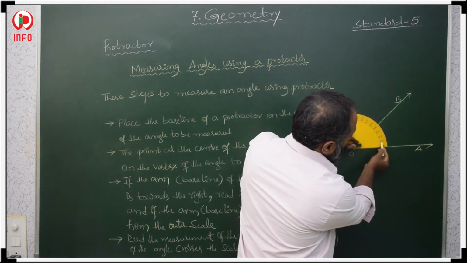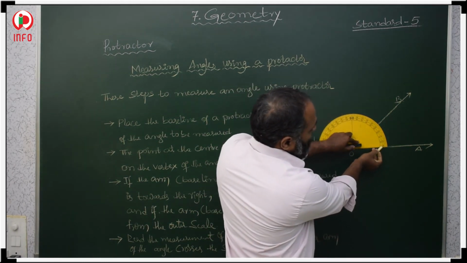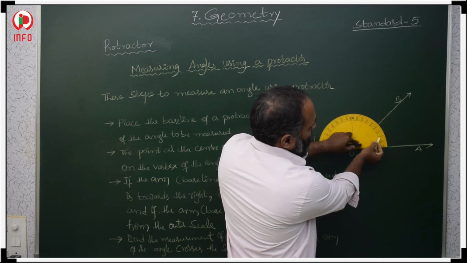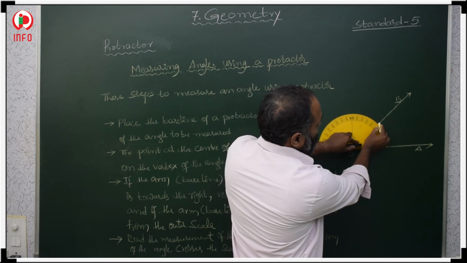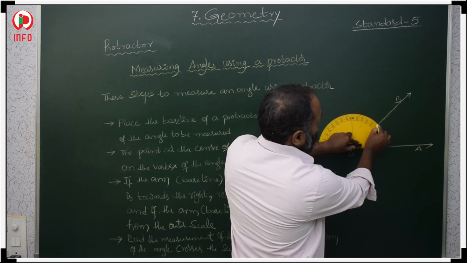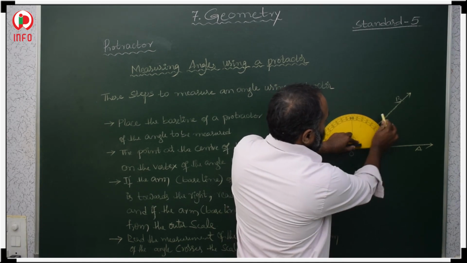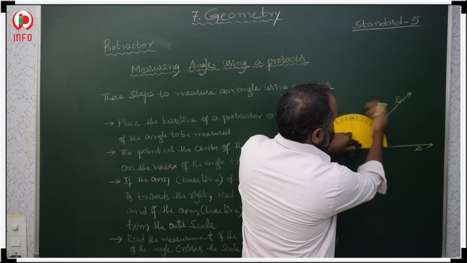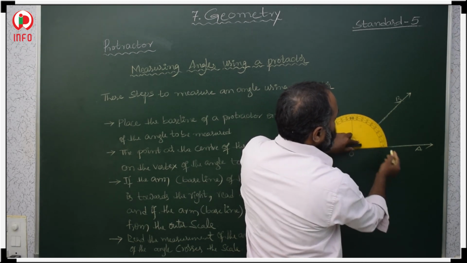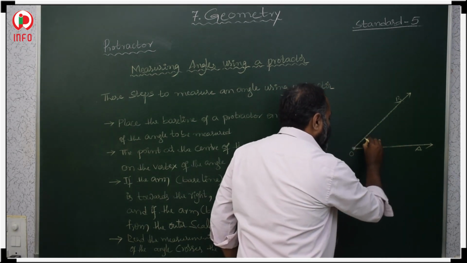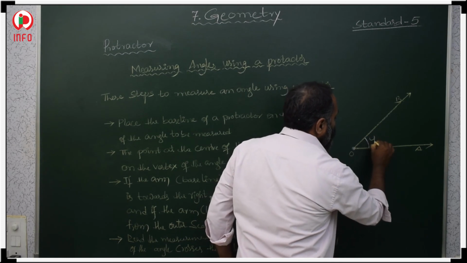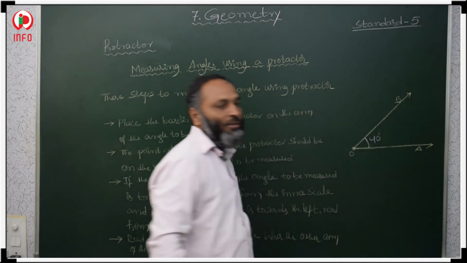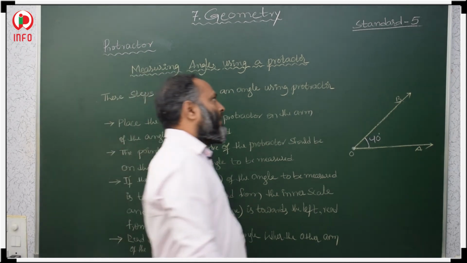First 0, inside values: 0, 10, 20, 30, and this line is at 40. So the second arm is at 40 degrees. What is the angle here? Here it is 40 degrees. Like this we have to calculate our angle.